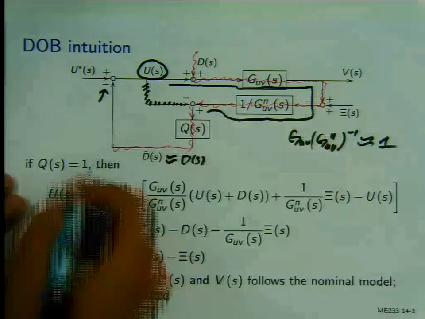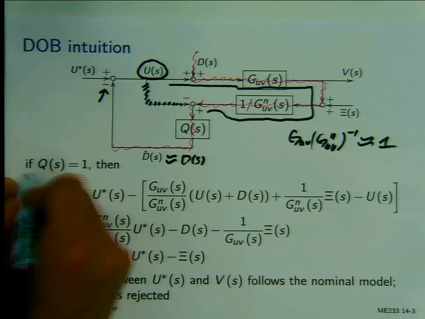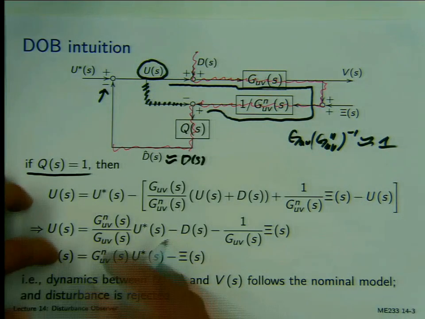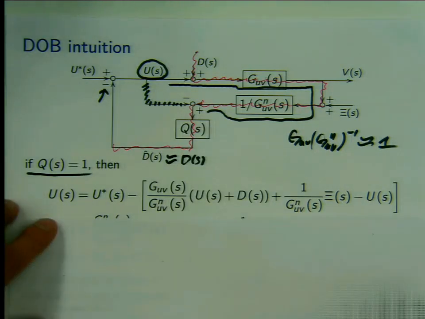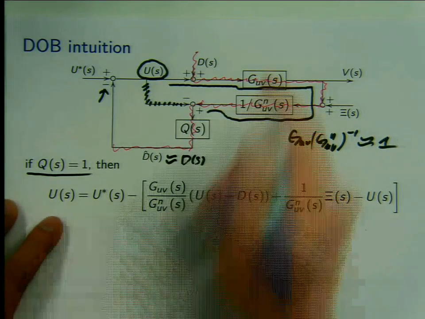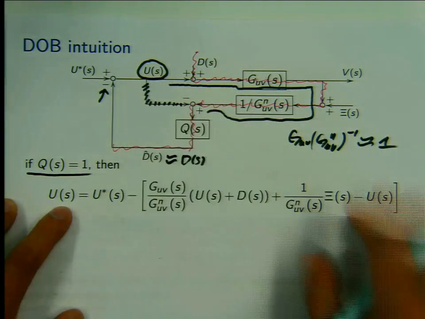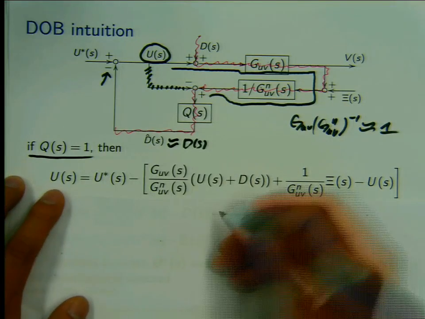But one of the key messages is this. If QS is 1, then let's do this together. Write down the actual control signal US out of this block diagram. Okay, so let's do this.